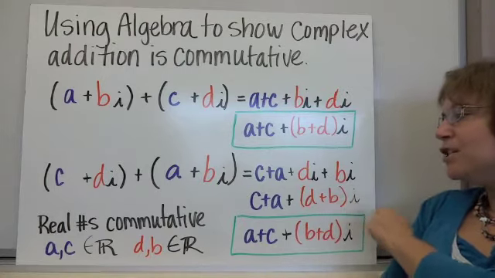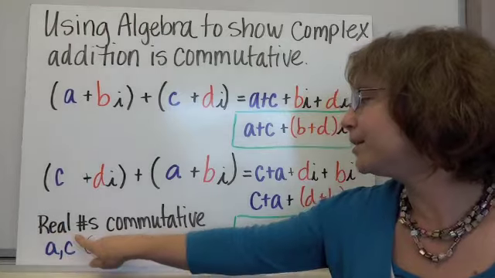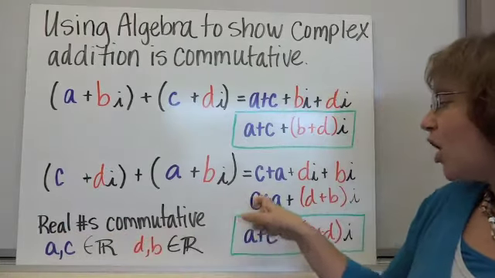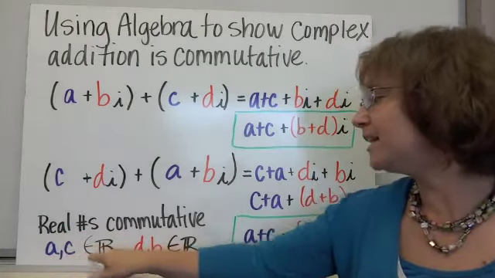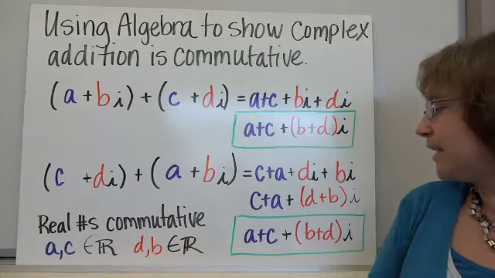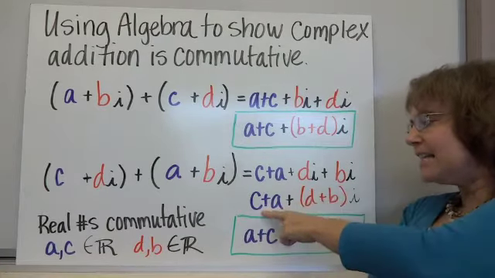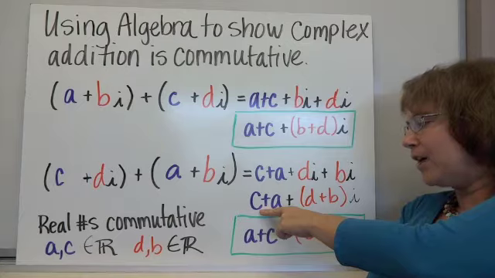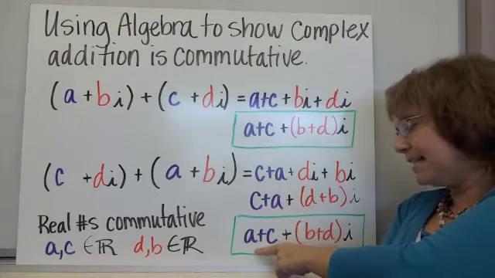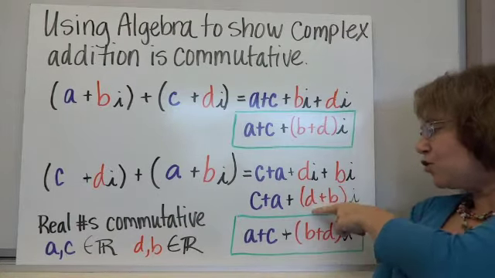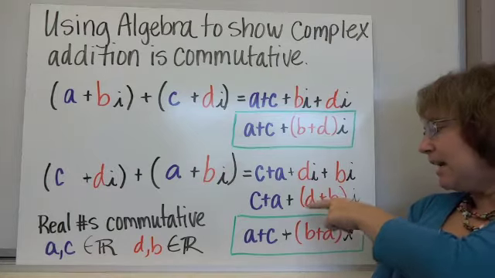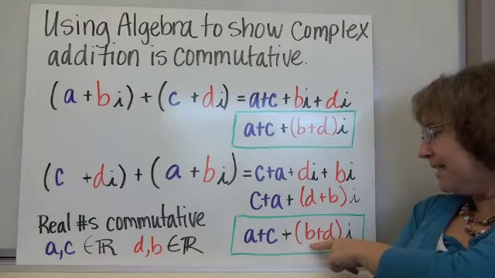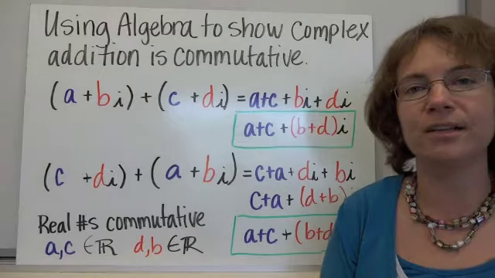Now, here's where we need to remember that real numbers are commutative, because all of these are real numbers. So a and c are elements in the real numbers, and so are d and b. So because this is a real number right here, we can say that's the same as a plus c. And the same is true here. d plus b is the same as b plus d because real numbers are commutative.